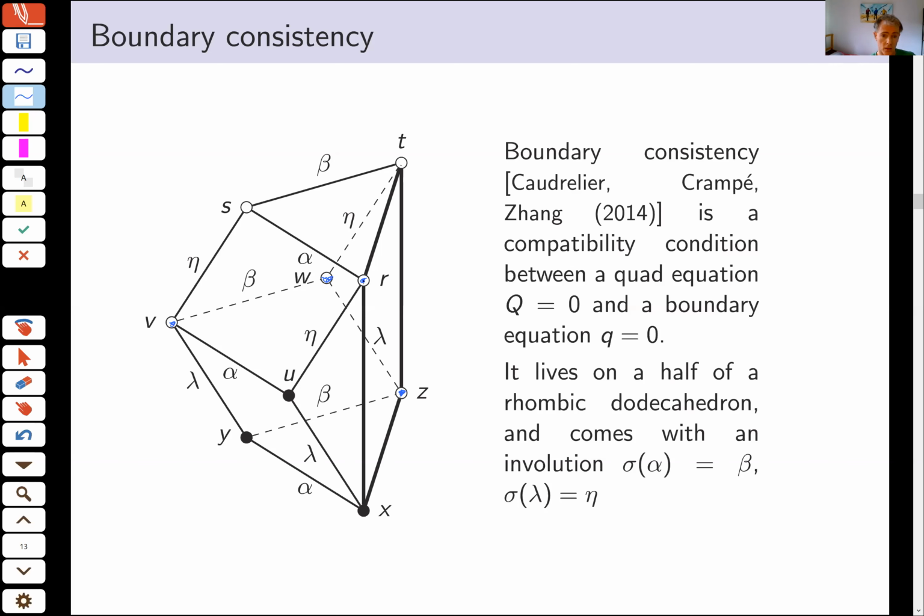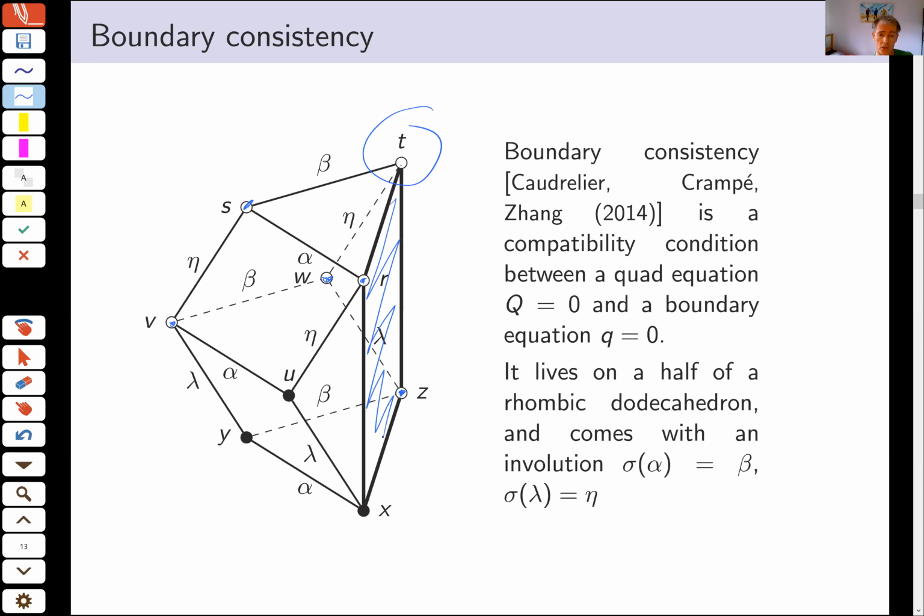Now we can use that quad equation there in front of you to calculate S from V, U, and R. And then we have 3 equations to determine T, namely a quad equation at the back, a triangle equation at the top, and a triangle equation at the back. Note there is no quad equation here on the boundary. There is no equation there.